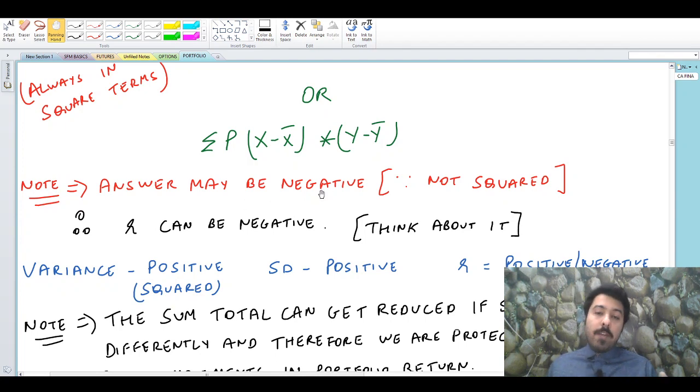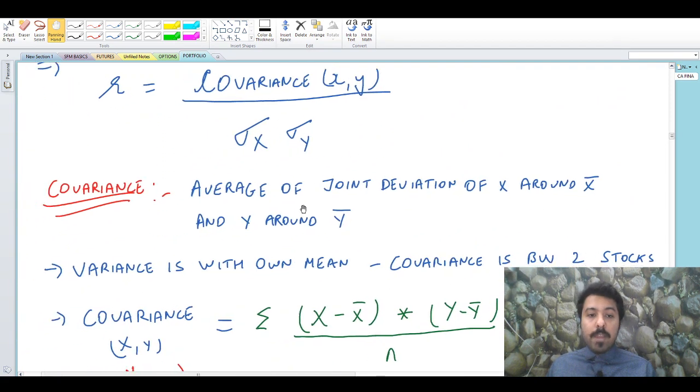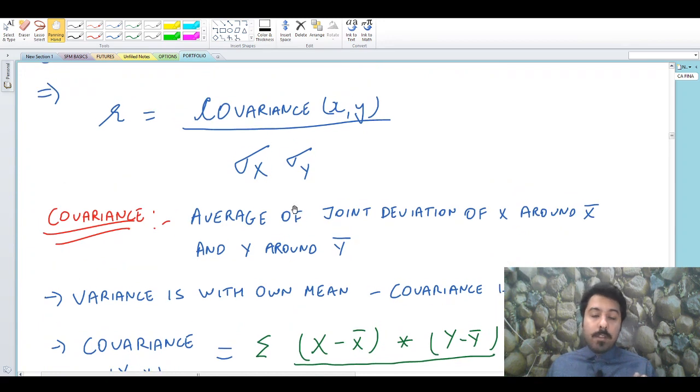Like while calculating variance, we know x minus x bar can be negative, so we square it so that negative term is wiped out. But here we aren't squaring it, so if x minus x bar is negative and y minus y bar is positive, when we multiply we'll get a negative figure. So this means that covariance can be negative, and since covariance can be negative, R can be negative. Variance is a positive figure, standard deviation is a positive figure.